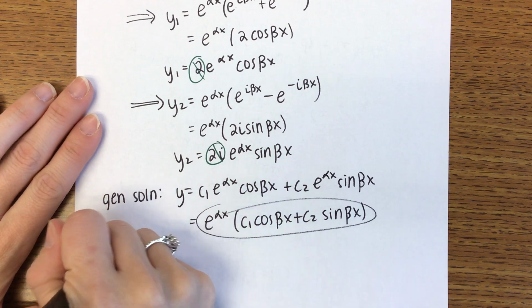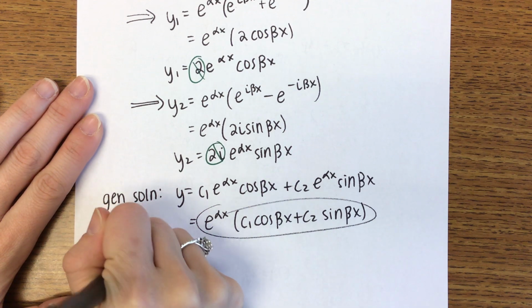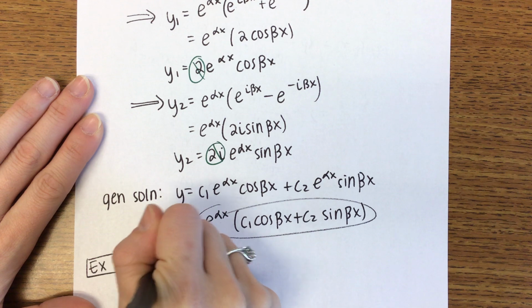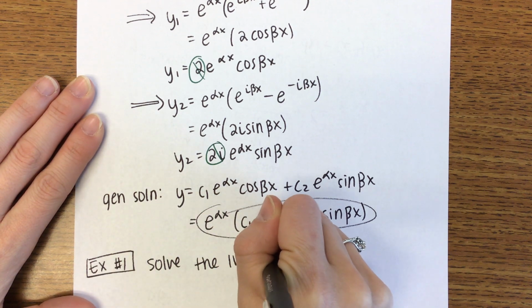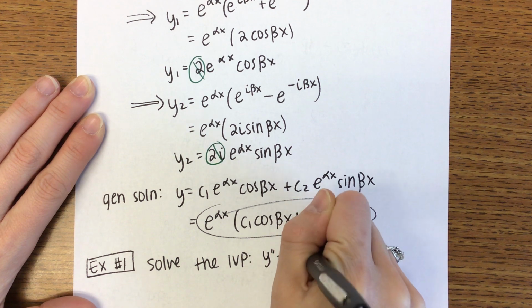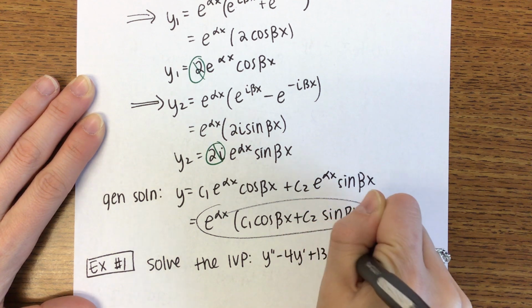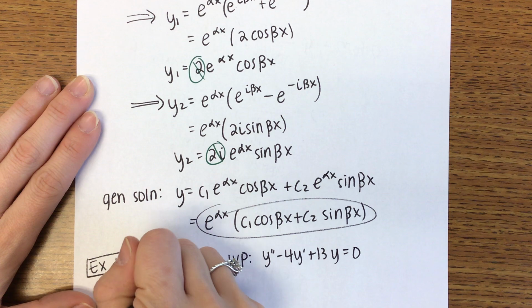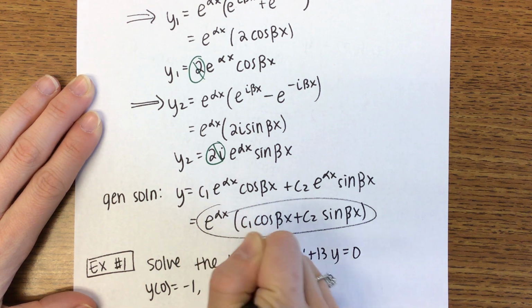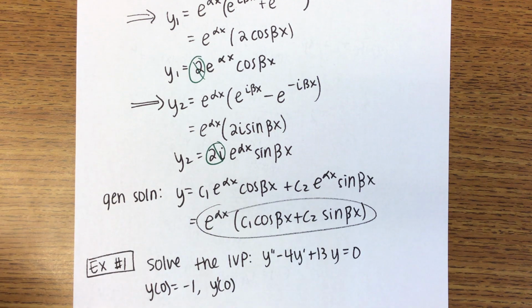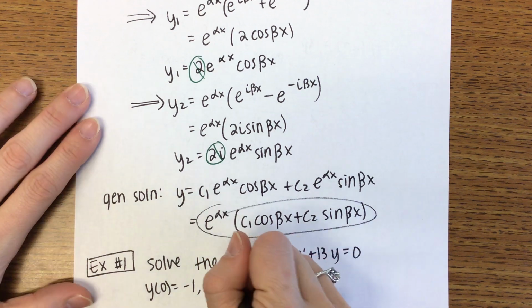Here is the first example. We are going to solve the following initial value problem. y double prime minus 4y prime plus 13y equals 0, y of 0 is equal to negative 1, and y prime of 0 is equal to 2.